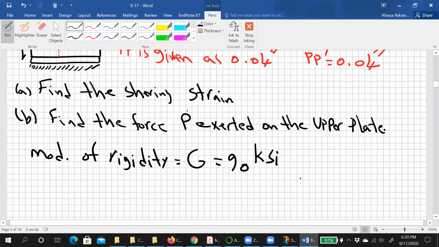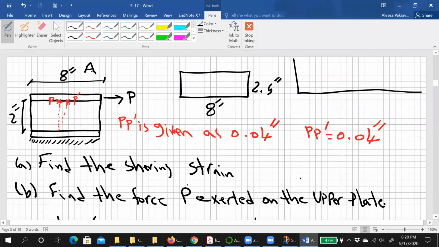So okay, let's go. Can you tell me what the shear strain is? If you look at the shear strain formula and look at this figure, it's very, very simple. What do you think? Look at this angle, right?